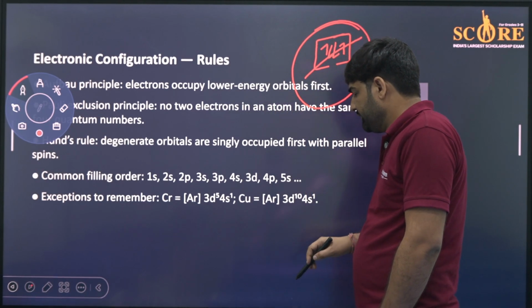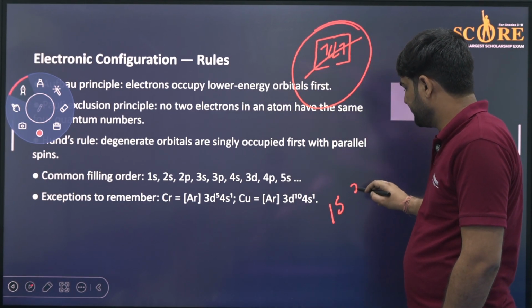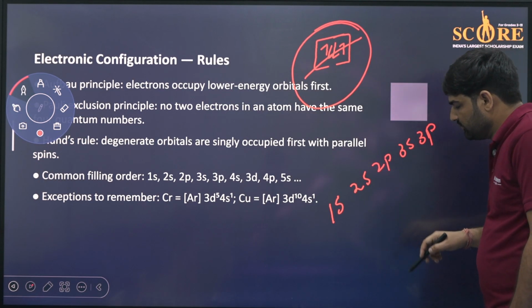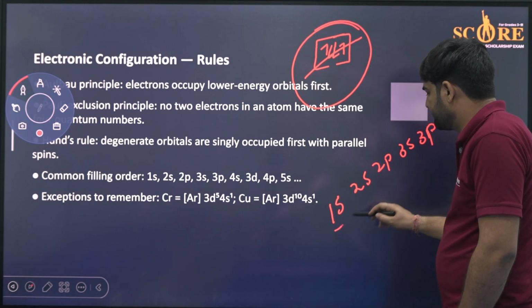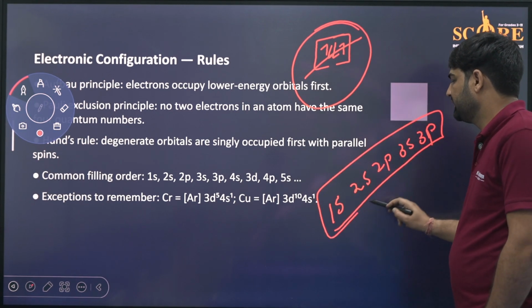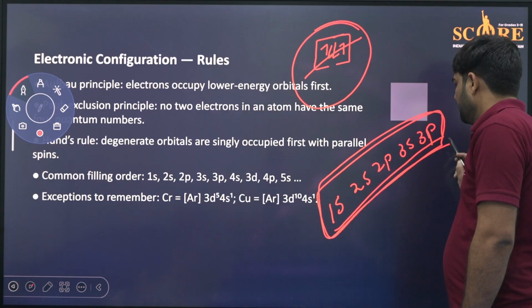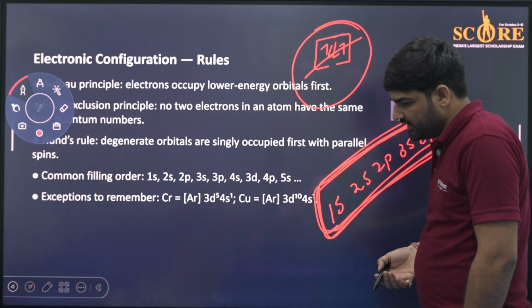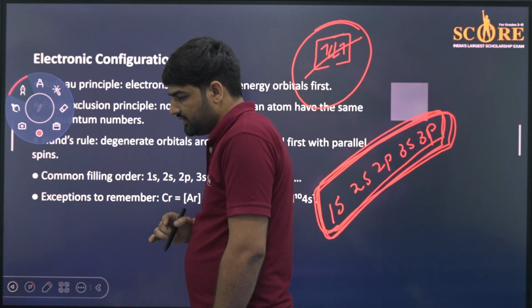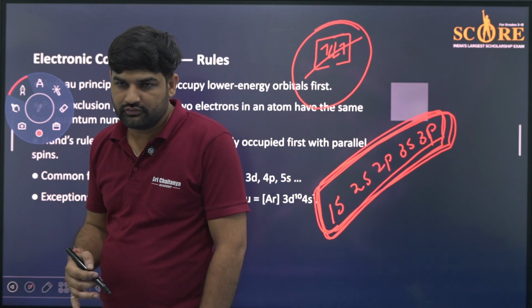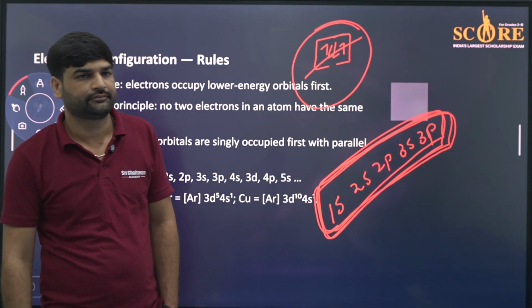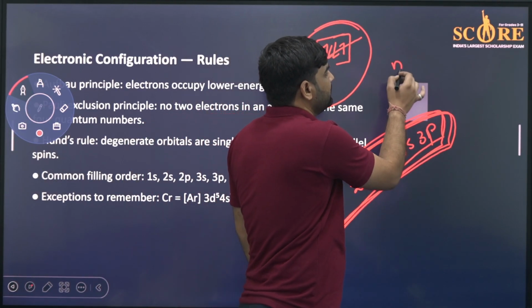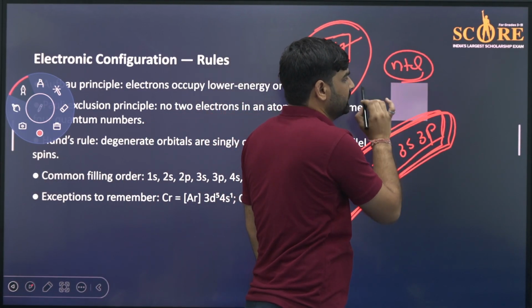Like if you want to fill electrons in 1s, 2s, 2p, 3s, 3p, this rule will decide the order of filling electrons. It tells that electrons are filled in various subshells according to increasing energy order, and increasing energy order is decided by the n plus l rule.